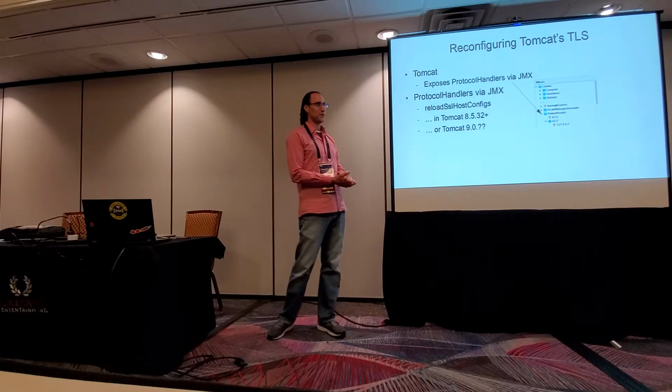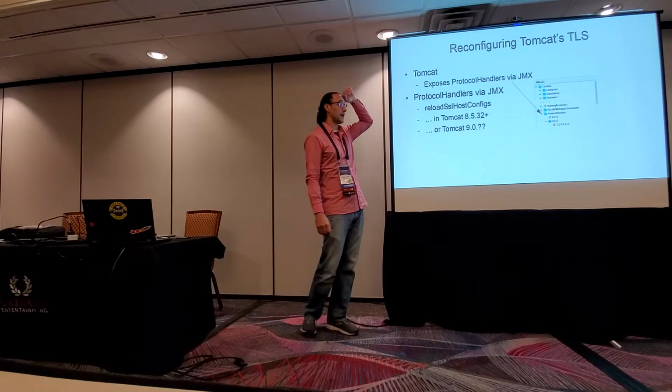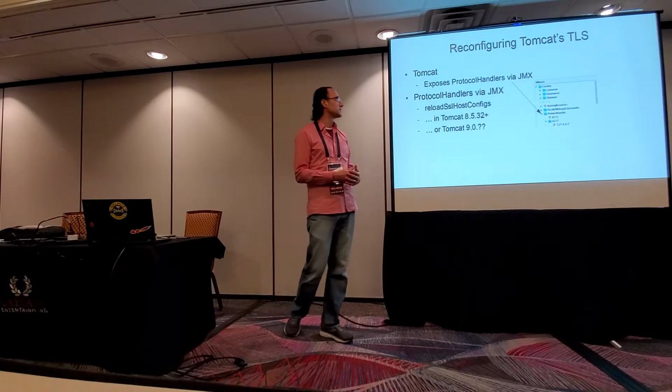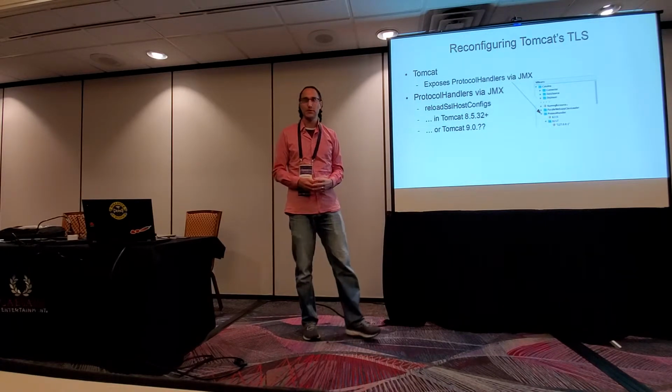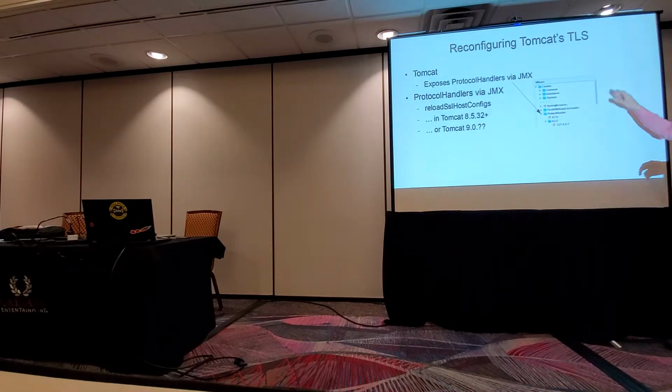That's not super straightforward, but Tomcat exposes protocol handlers, which are the things that manage all of the communications, via JMX. So if you were to pull up Visual VM and connect to your Tomcat, you would see a bunch of MBeans under the Catalina header, protocol handler, and then underneath the protocol handler, you'll find each one based on the port number. And you can ignore the port numbers that I've got in here because I got a weirdo configuration.